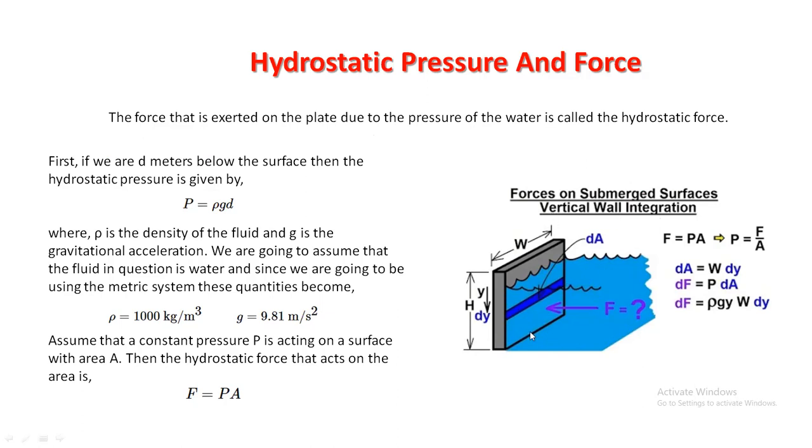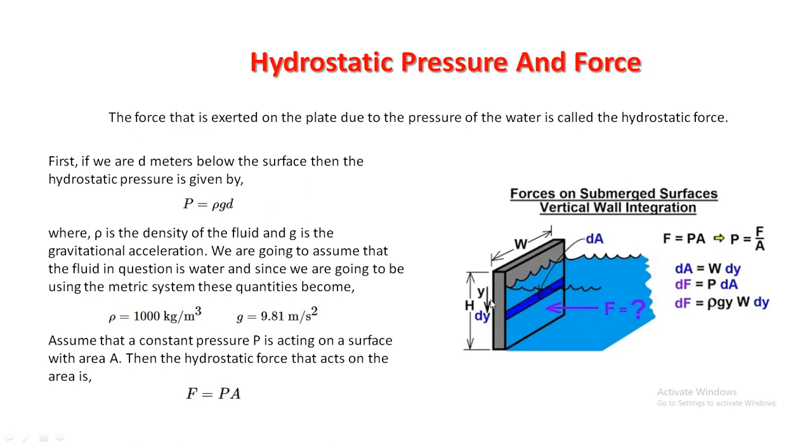This wall has width W and height H, and the height of the submerged surface, the surface of the wall which is subjected to this hydrostatic force, varies depending on the part of the surface which is completely submerged in water.